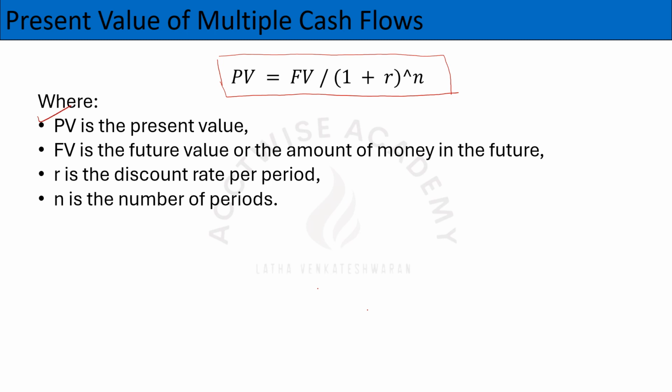PV is the present value, FV is the future value or the amount of money in the future, R is the interest rate or discount rate per period, and N is the number of periods. Similar to future value, we find it individually for each year separately if the cash flows are uneven, and then add all the individual items to find the present value of uneven cash flows.